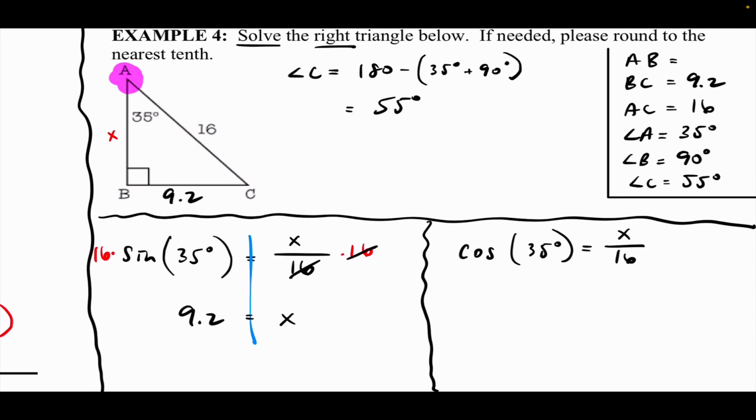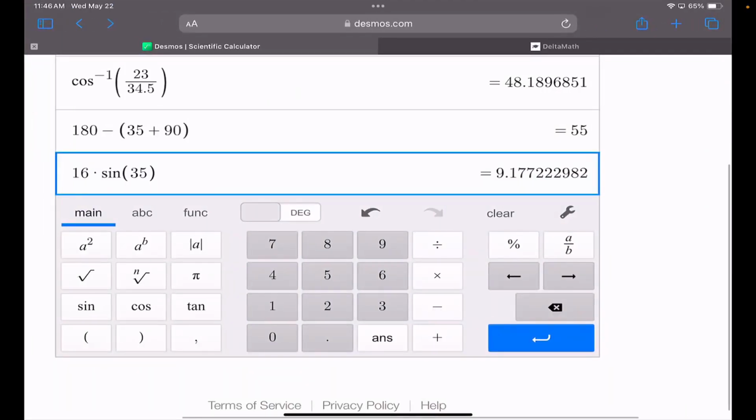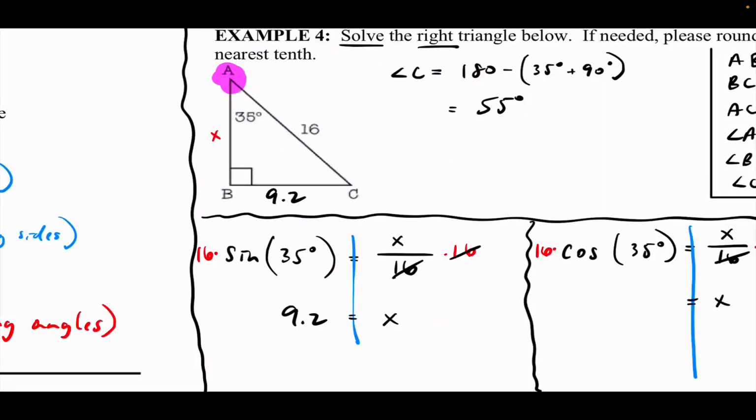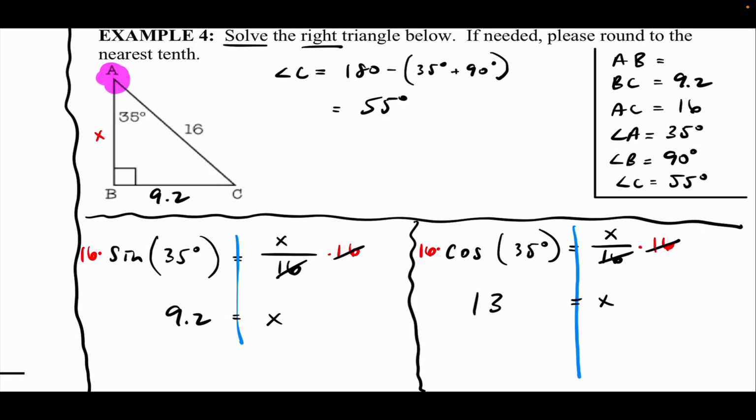Solve for x. Multiply both sides by 16. Thirteen point one. Done.